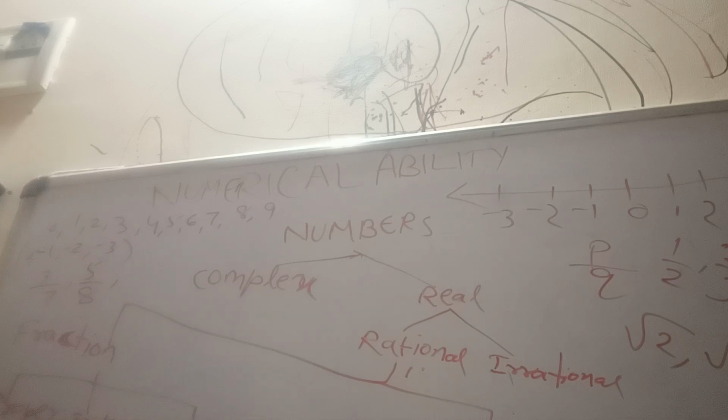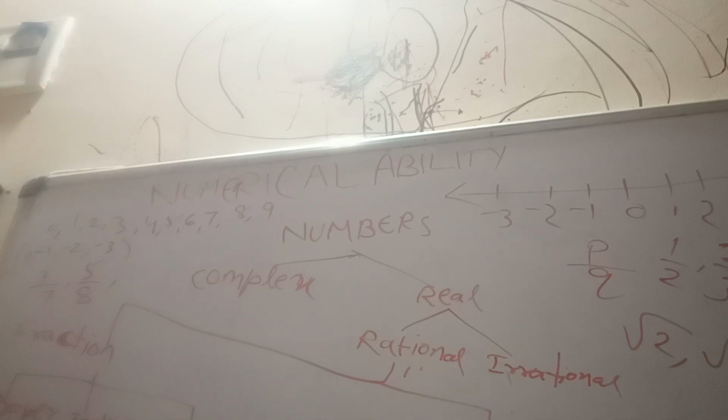The numerator is less than denominator is proper fraction, and the numerator is more than denominator is improper fraction.